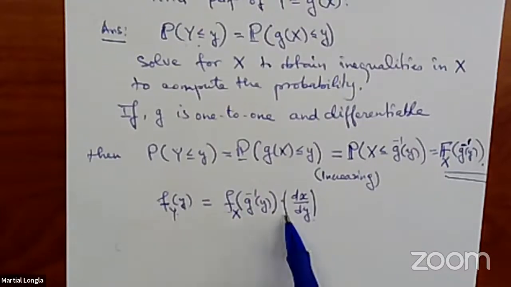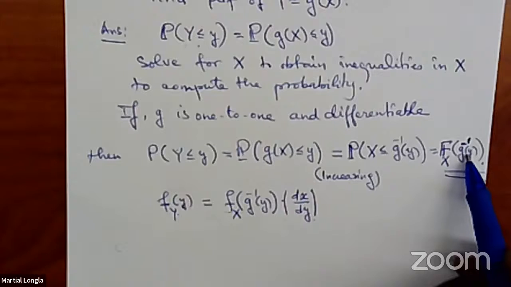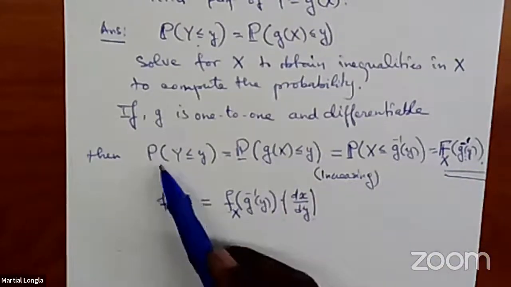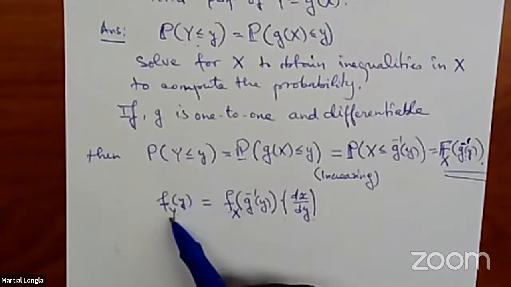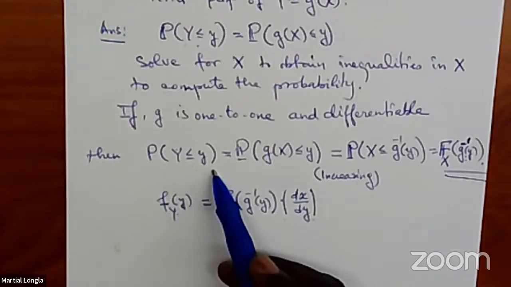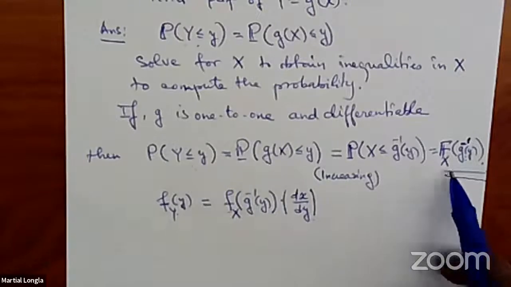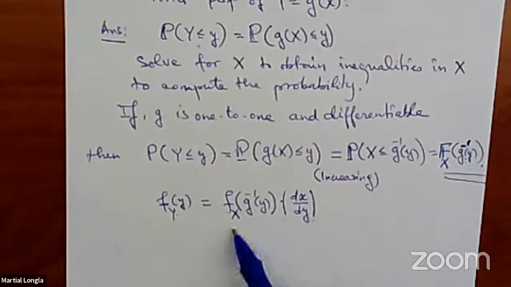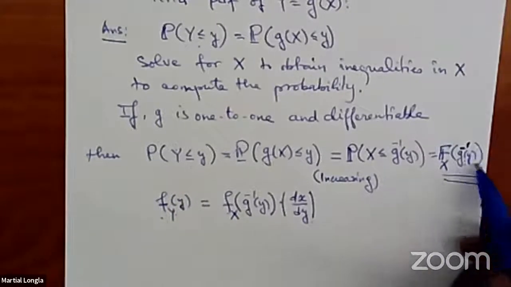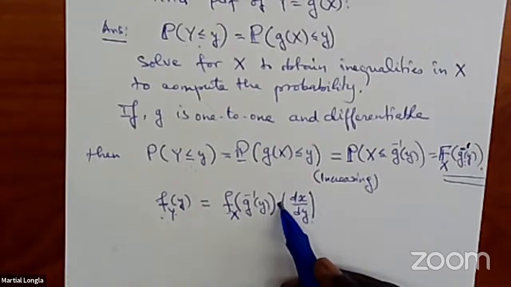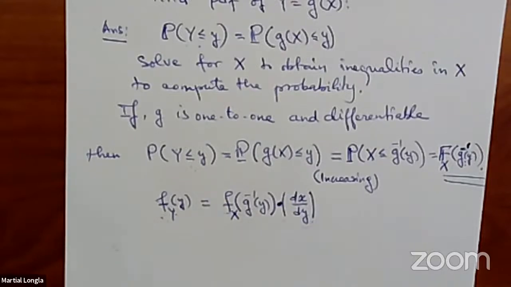And you obtain that by taking the derivative here, because to get the PDF from the CDF, you take the derivative. So this is the CDF of capital Y. I take its derivative, I obtain the PDF of capital Y. And taking the derivative, you have a chain rule. That's why you have this piece coming here. That's it. And it seems we are at the end of the time.